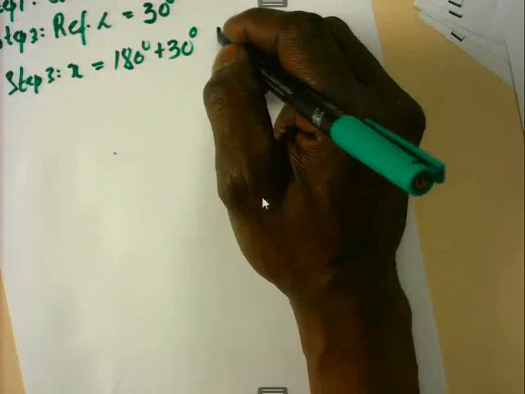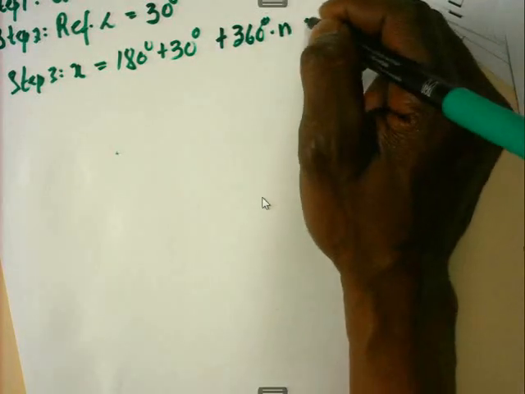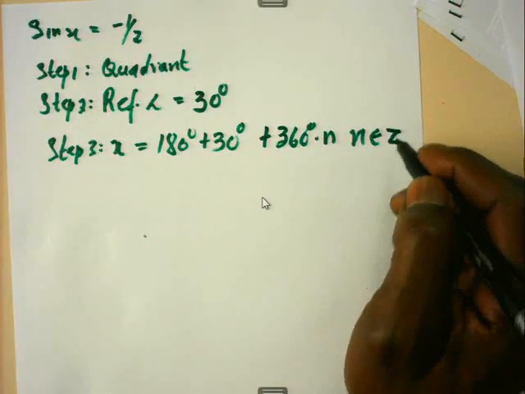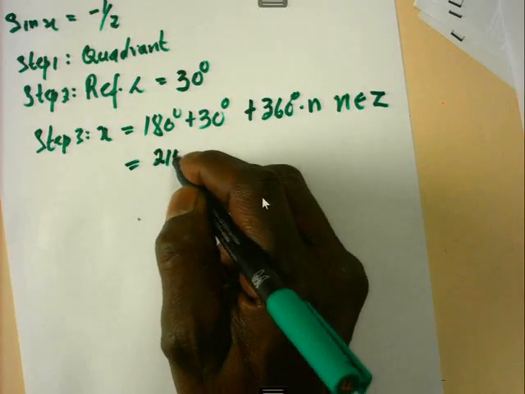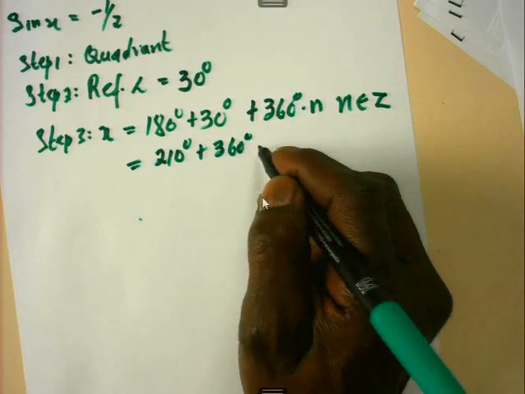Therefore, that will be 360 degrees times n, n being an element of integers. So if we simplify this, this will be 210 degrees plus 360 degrees times n.